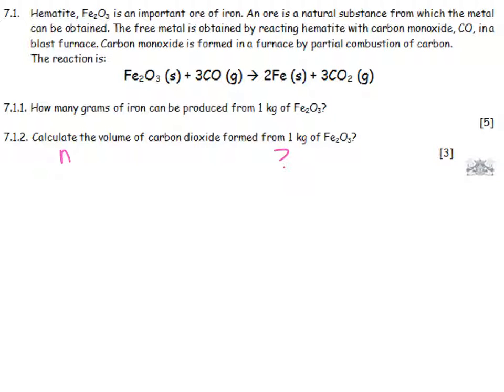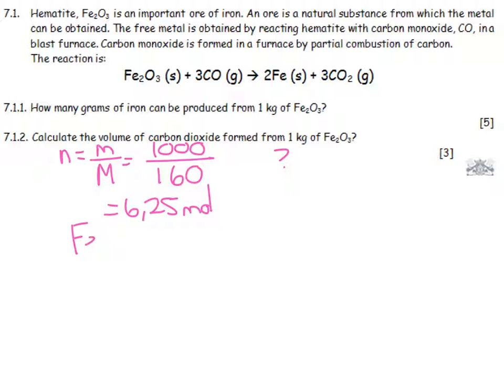I know this number of moles is equal to mass over molar mass, which is equal to 1,000 grams, divided by the molar mass of hematite, which is going to be 56 plus 56 plus 3 times 16, and that turns out to be 160, and that is equal to 6,25 moles.